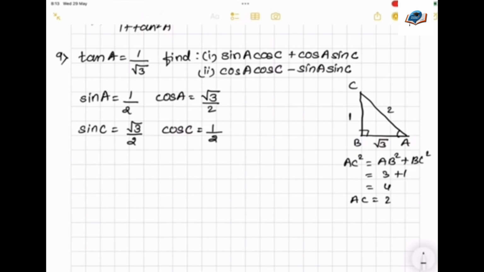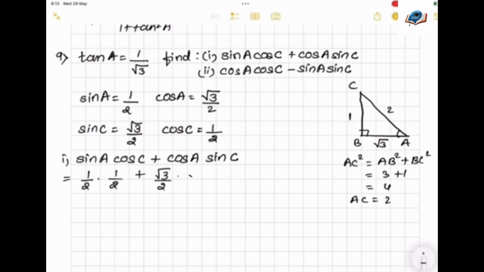Now finding the values of the first one, that is sin A cos C plus cos A sin C. So that will be equal to 1 by 2 into 1 by 2 plus root 3 by 2 into root 3 by 2. So that will be equal to 1 by 4 plus 3 by 4.